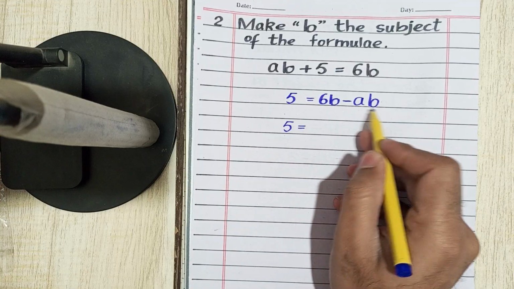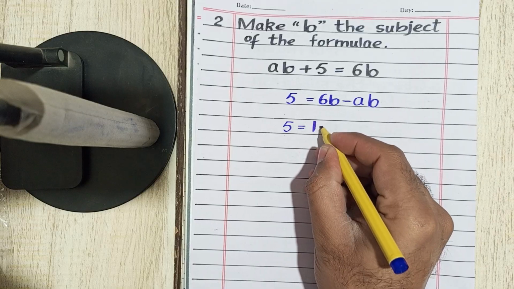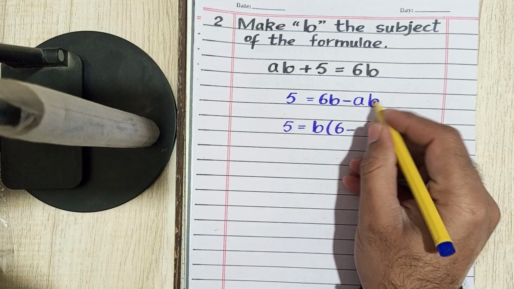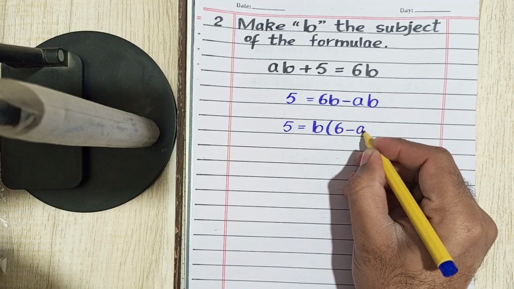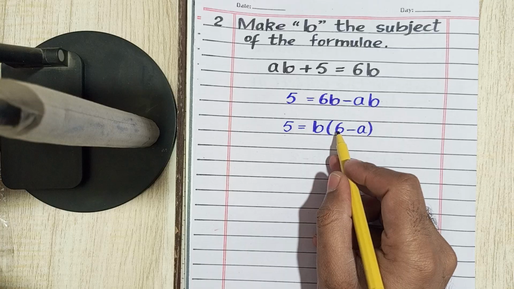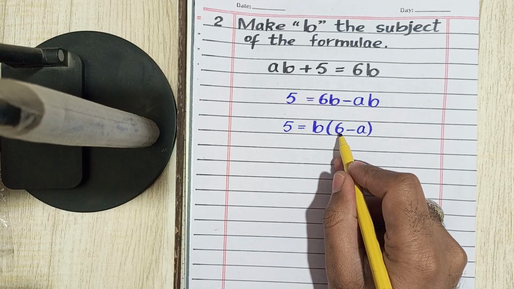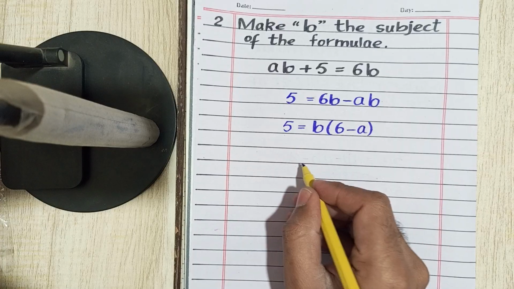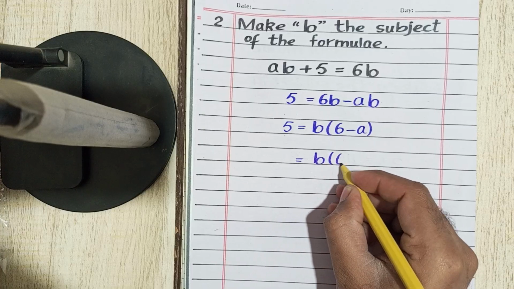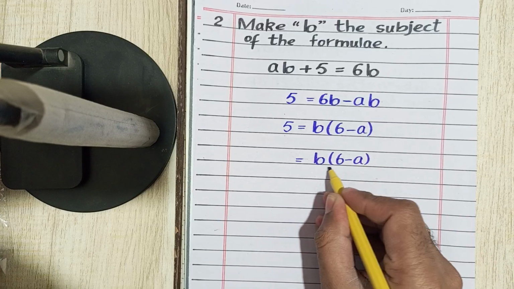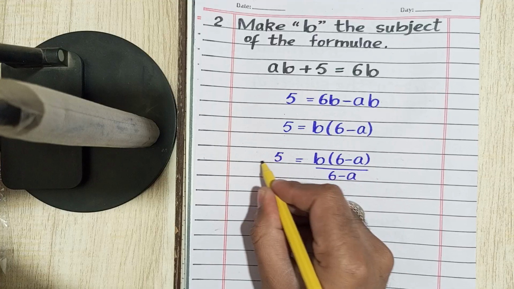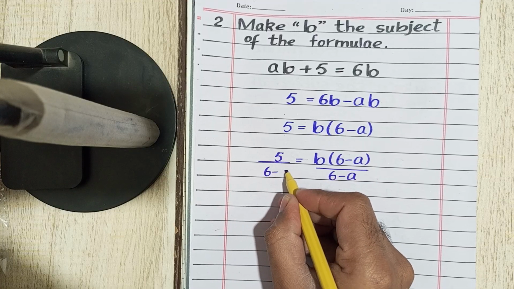Now we take B common. So we write here B, and here we have only 6 minus A. So now we want to calculate B, but here we have an extra term, 6 minus A. So now we divide both sides with this term 6 minus A. We have 5 on the other side.